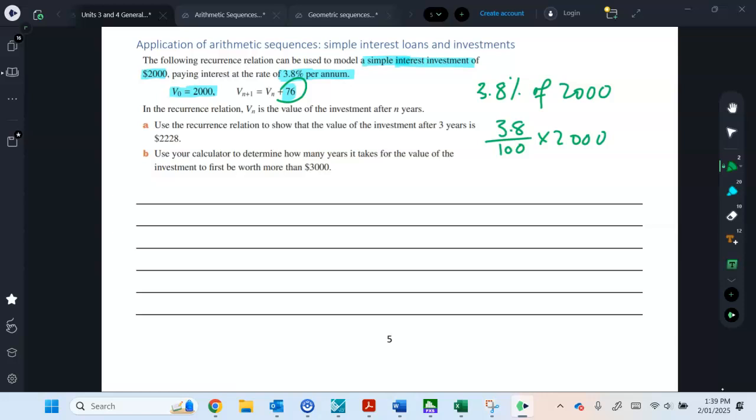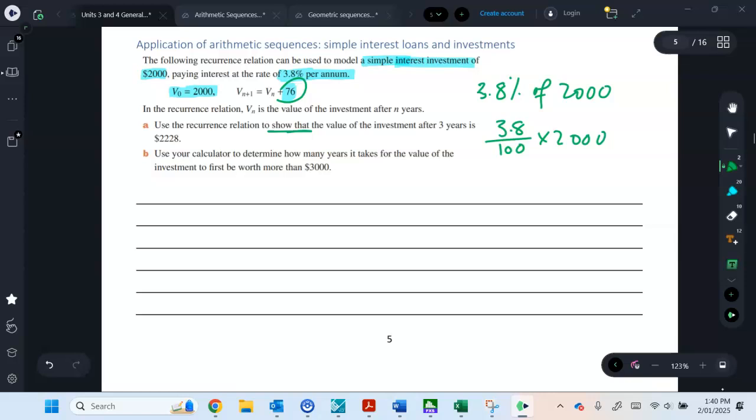Now, it's very important that we're doing this question. One, because they always appear on exams, and two, you need to know how to show that questions. Now, this isn't just a matter of writing V3 equals and maybe using the rule. A show that question for recurrence relations is showing each iteration.